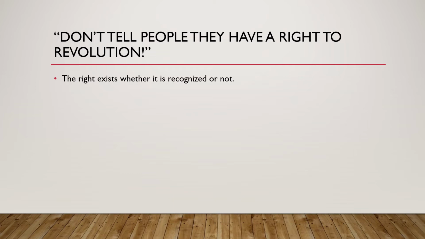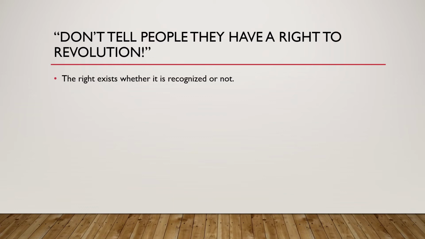If one side, the government side, breaks the social contract by acting in ways that the people find abhorrent, then the people are not obligated to remain part of that social contract, whether the government is willing to recognize that right or not.